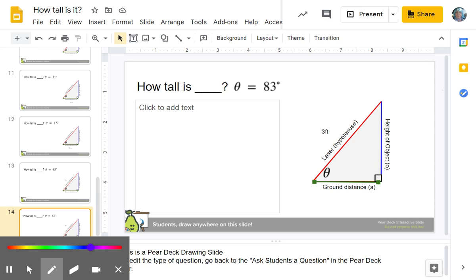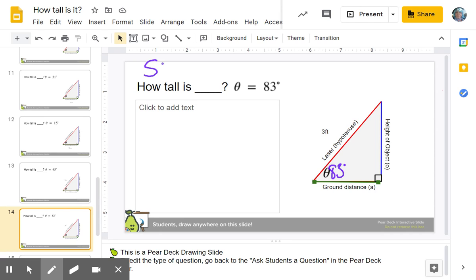So talk me through this one. How do I do it? What do I need to write? So you put the 0 at 83, and you're going to do 2 of them, which would be sine and cosine, right?